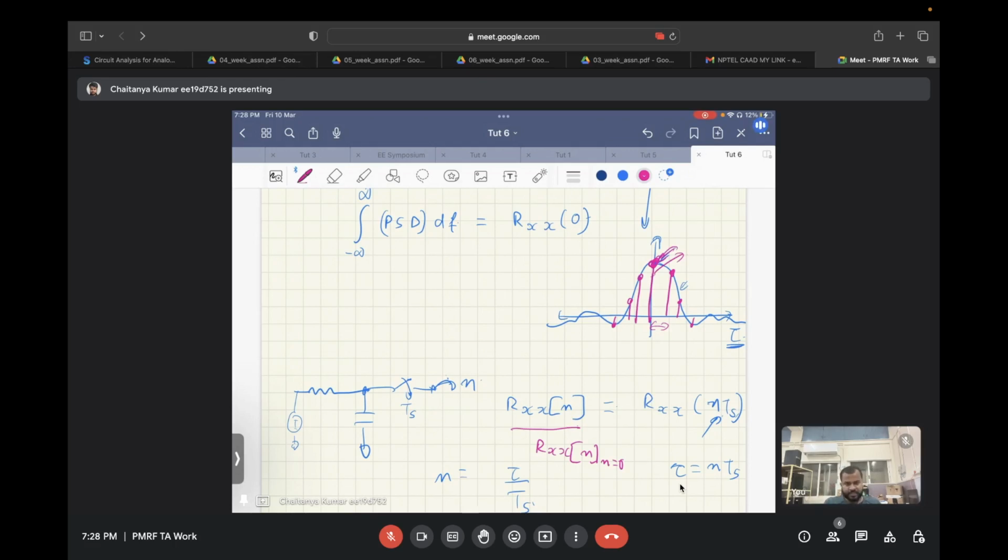The power spectral density might change depending on aliasing and such things, but the integral always remains the same, and that is easily understood in the time domain with this approach. This is one thing you can keep in mind.